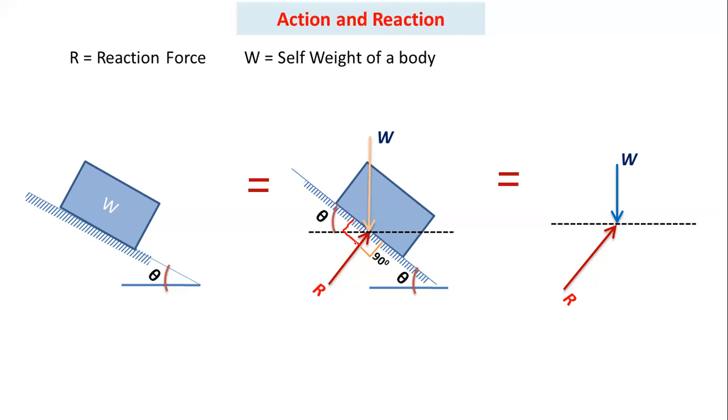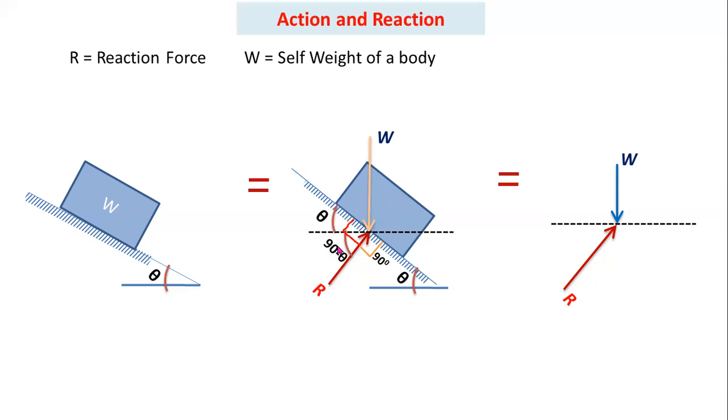So 90 plus 90, 180 degrees total angle. In 90 degrees we already got the theta angle, and the remaining angle is 90 minus theta.